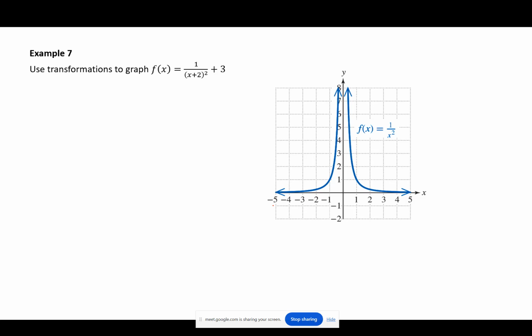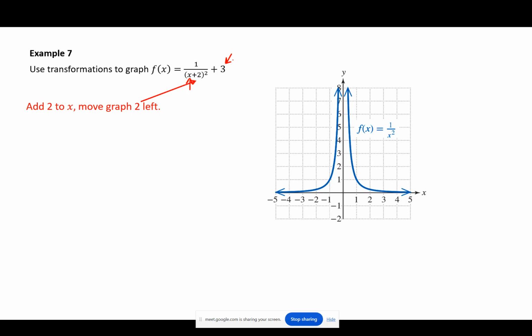So remember that if you add or subtract something to your x in your function, like here, I'm adding 2 to the x, that will move the graph either left or right. If you add a number to the whole function, that will move the graph up or down, depending on whether that number is positive or negative.